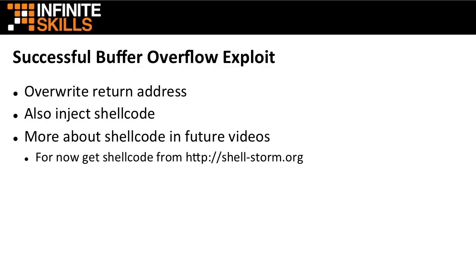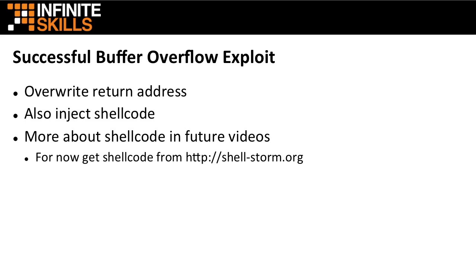Let's talk about a successful buffer overflow exploit. What does that look like? What you have to do is overwrite the return address for a function and also inject some shellcode. Shellcode is some nice malicious code that you might have developed or gotten from somebody else.